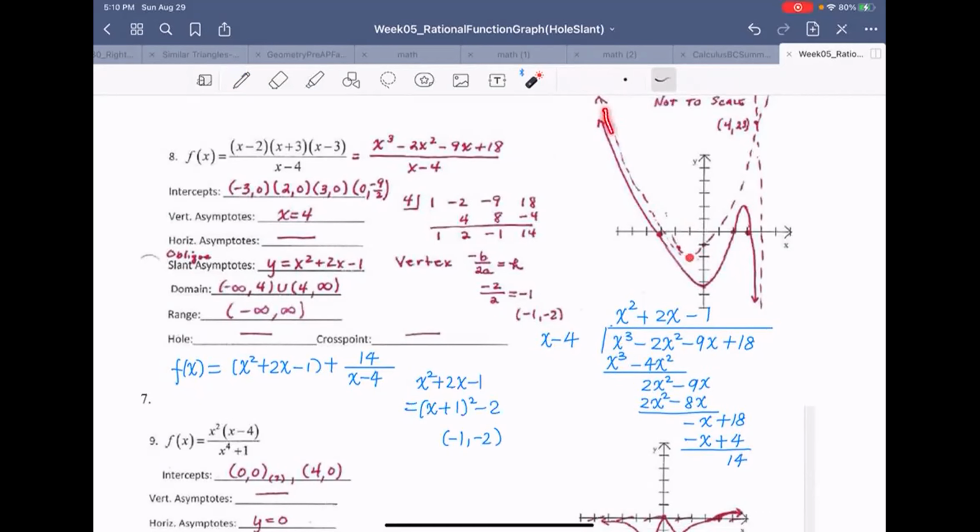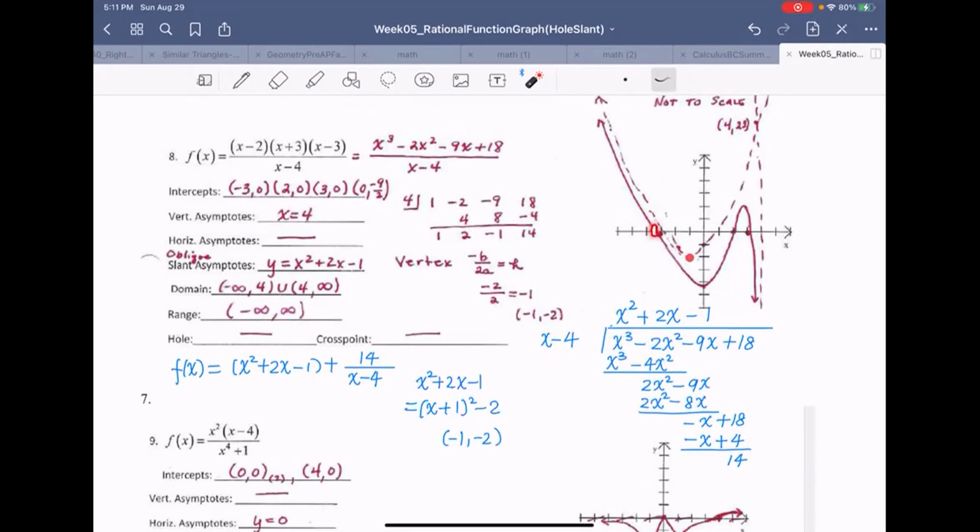So you got a parabolic asymptote. x minus 4 couldn't equal 0, so x equals 4 is the vertical asymptote. You draw this vertical asymptote. And then you tell x equals 2, x equals 3, x equals -3.